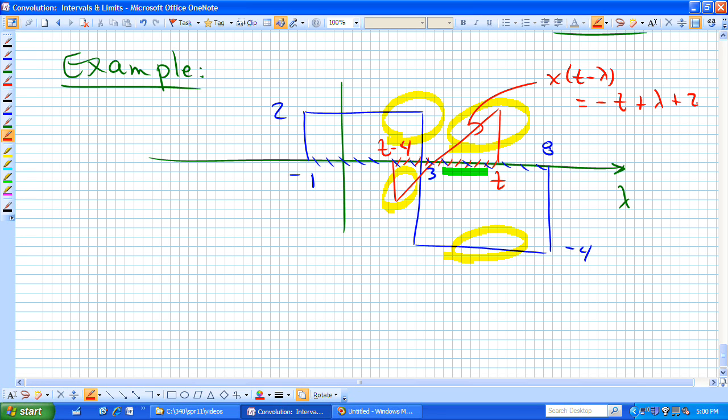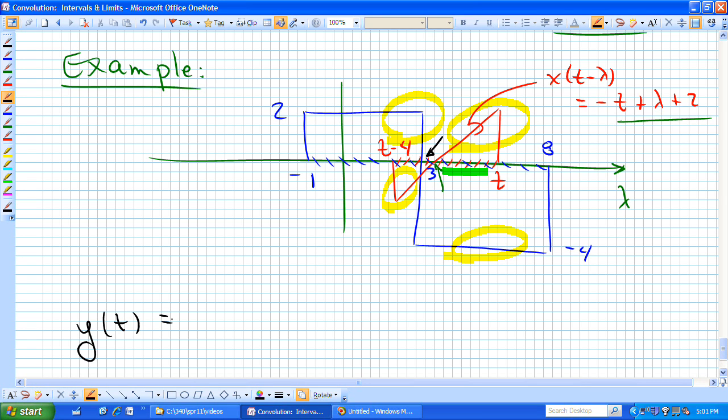Then to compute this, I wouldn't worry so much about the point where x of t minus lambda transitions between negative and positive, because it still keeps the same functional form. What you might want to worry about is where h is changing functionally. It changes from a positive 2 to a minus 4.